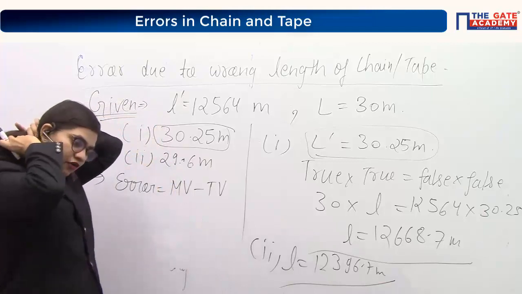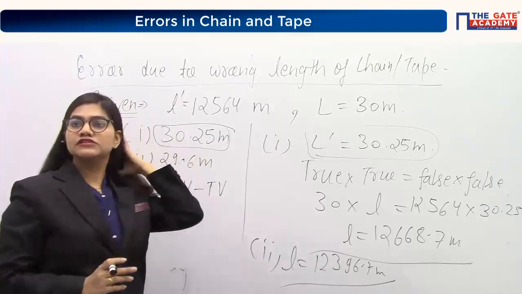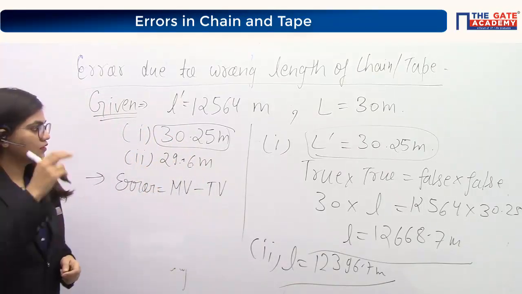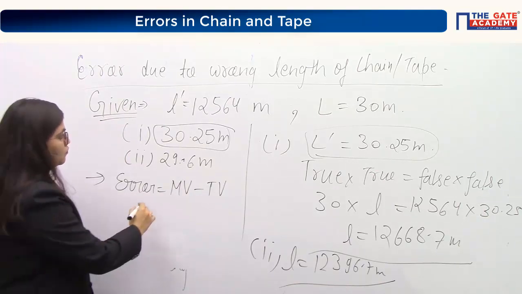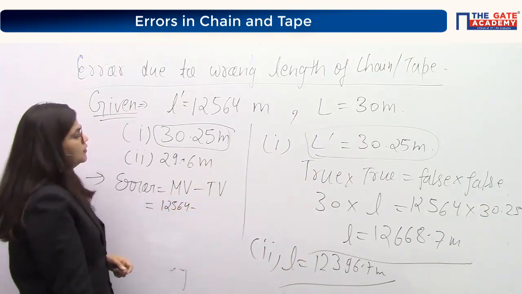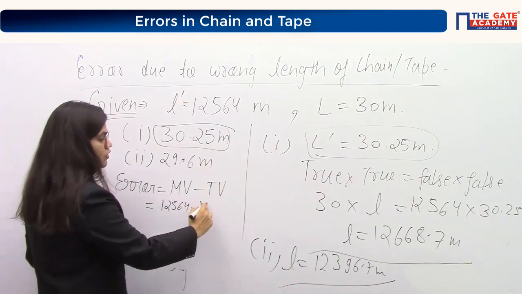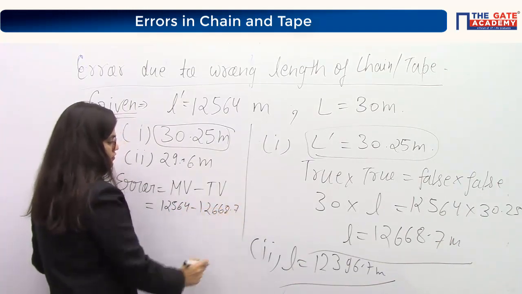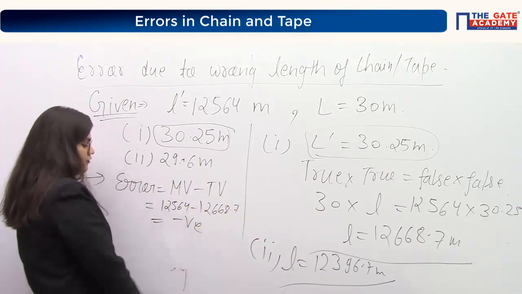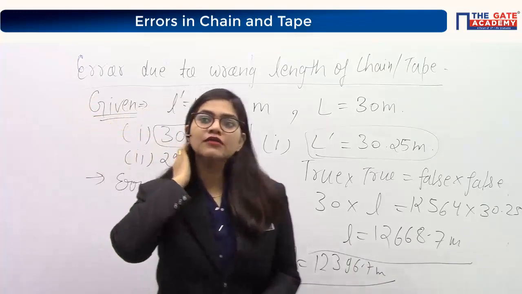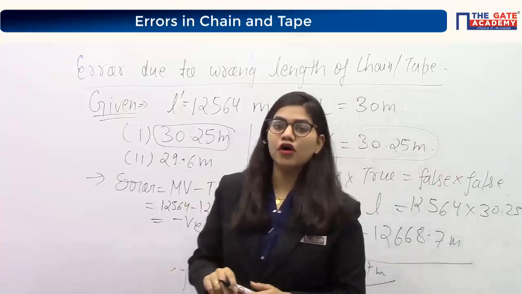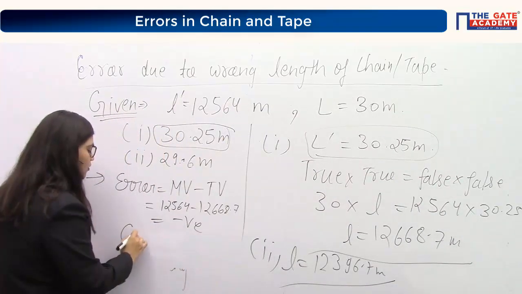Your measured value is 12564 minus your actual value 12668.7. So is this positive or negative? Error is coming out to be negative. So what will be the nature of correction? Positive. So here your correction will be positive.